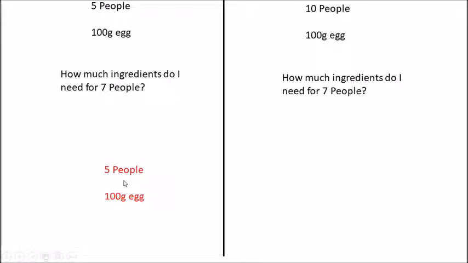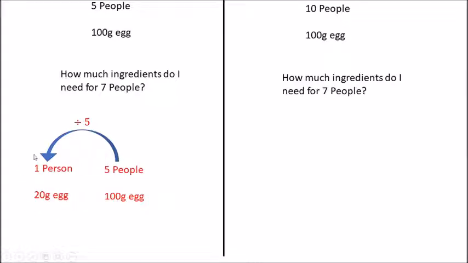So what I'm going to do, I'm going to use that unitary method that we discussed. Because I can't get straight from 5 to 7, I'm asking myself, well, how much egg would I need for 1 person? Well, 5 people need 100 grams of egg. Think what calculation takes me from 5 people to 1 person? Well, I've divided by 5, which means that each person would need 20 grams of egg.